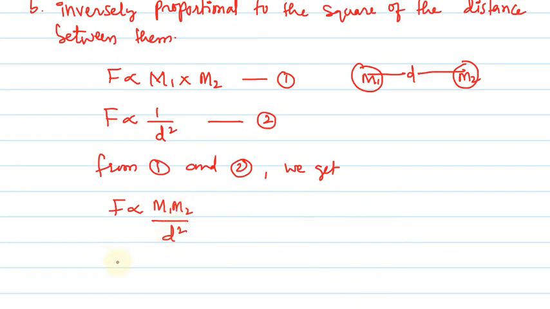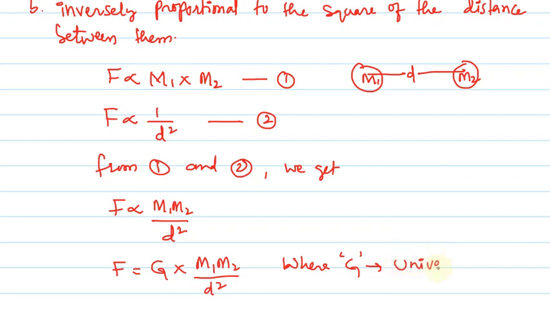So we can write this as F is equal to capital G into M1 M2 upon d square. Here capital G is a proportionality constant called the universal gravitational constant.